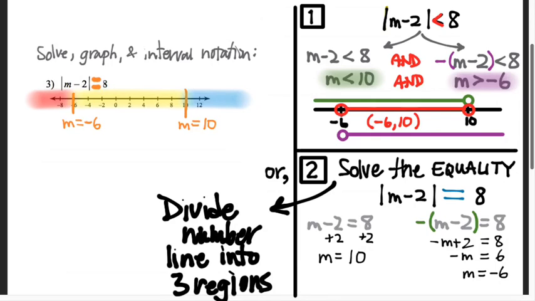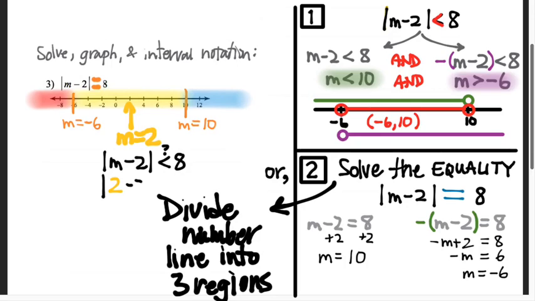So if I pick 2 as my m, then all I need to do is test the inequality. So absolute value of m minus 2 is less than, question mark, 8. When I plug in a 2 for my m, what happens?